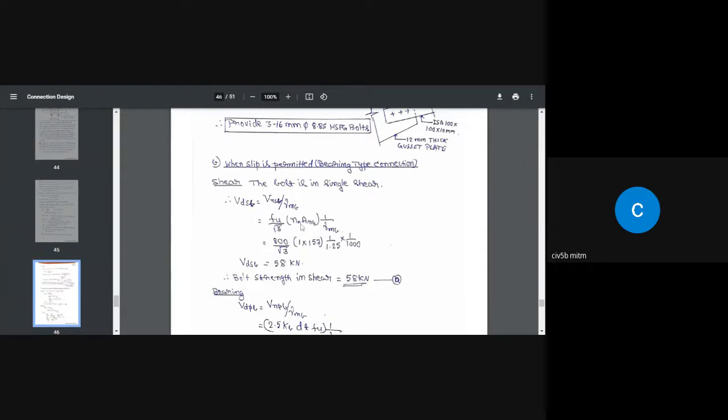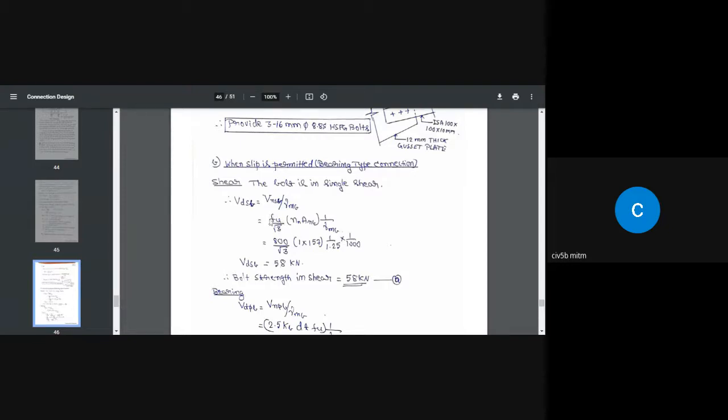In this case, nn equals 1 because the bolt is in single shear. Anb is the net area of cross section, that is the area of cross section of the bolt at the threaded level, which is 0.78 multiplied by pi by 4 multiplied by 16 square, where 16 is the diameter of the bolt. So what is fu?